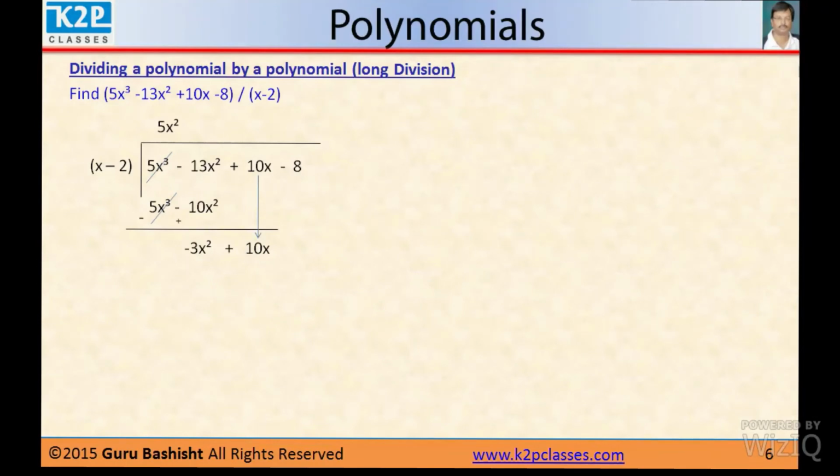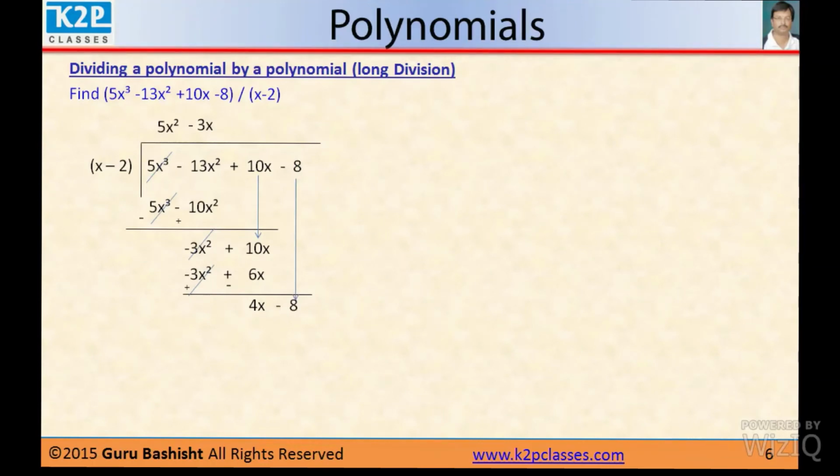Again, see here, it is minus 3x square. So how to get minus 3x square? You have to multiply by minus 3 into x here. So the second time it is minus 3x. So 3x square plus 6x. This minus is 6x. Now again we subtract and we get 4x. Then 4x, this 8 will come here.